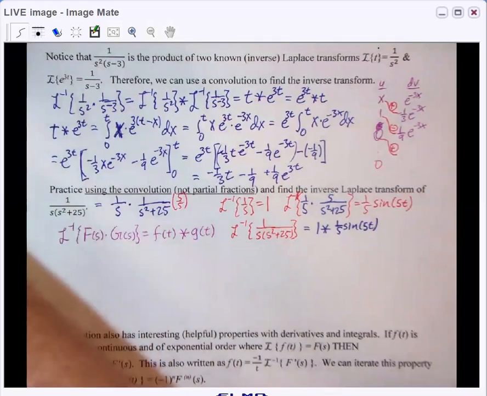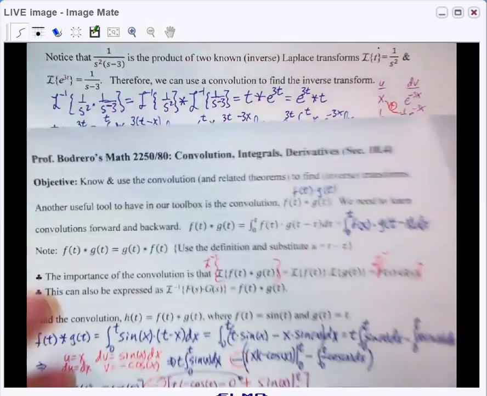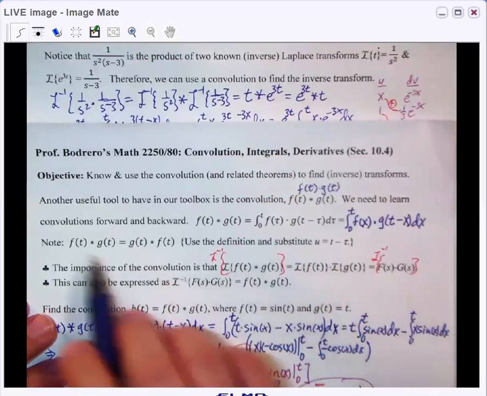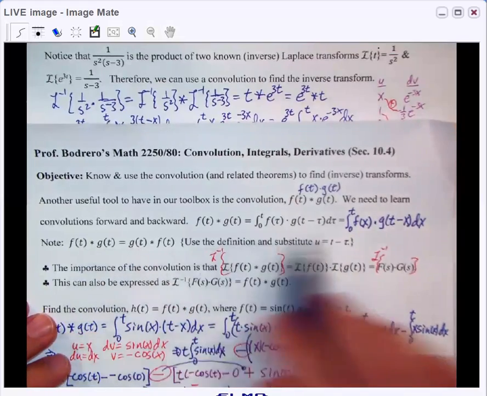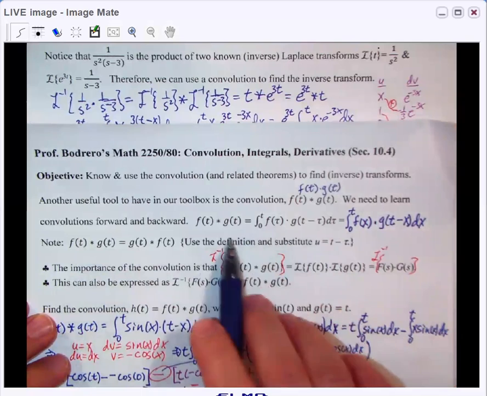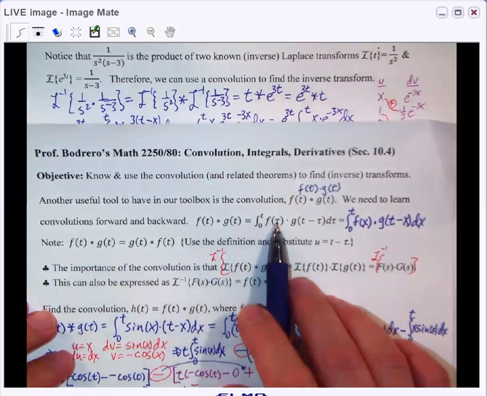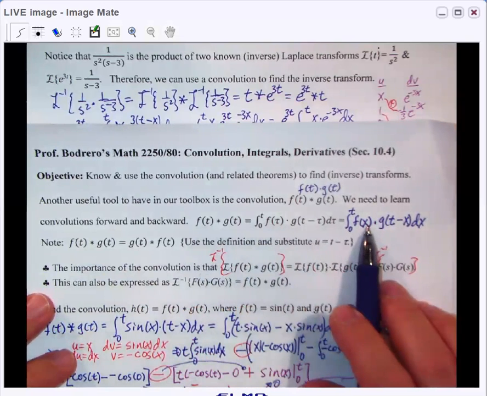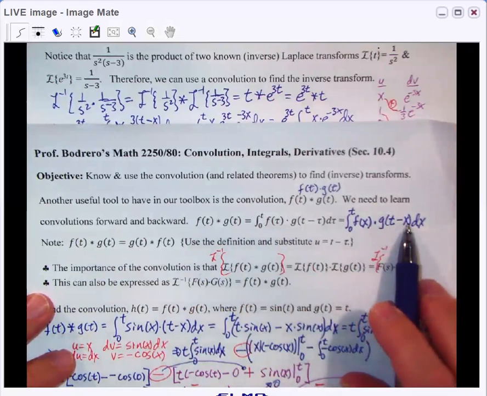Now remember in our previous page that we said you can do the convolution in either order, but whichever one we do, whoever's first gets the x input and whoever's second gets the t minus x input.